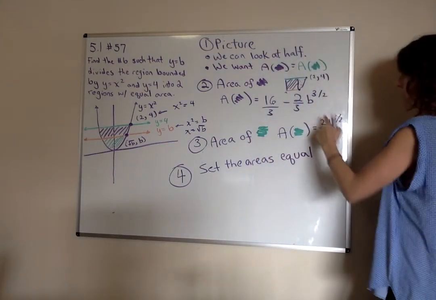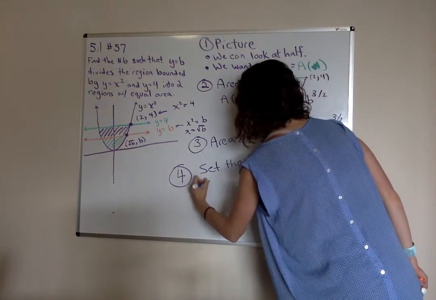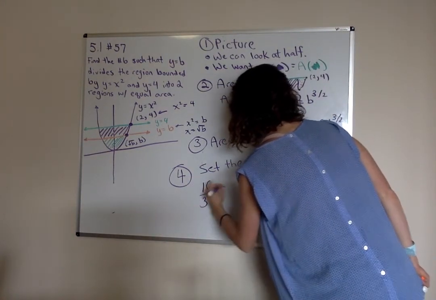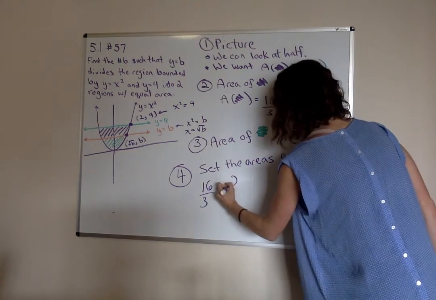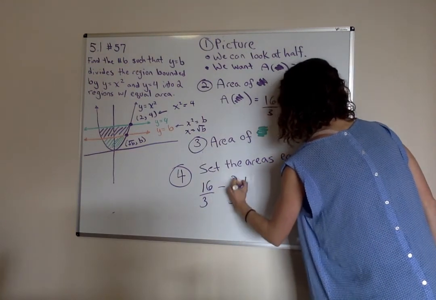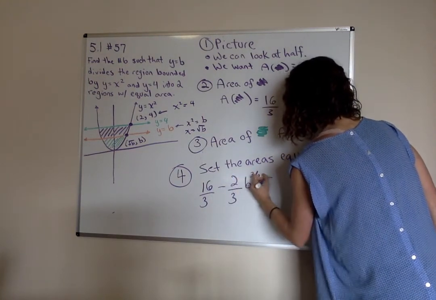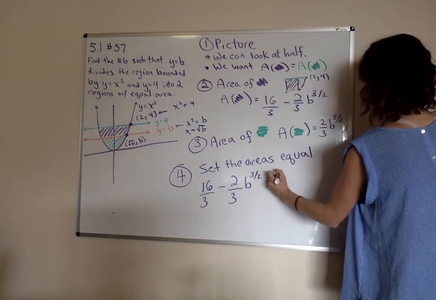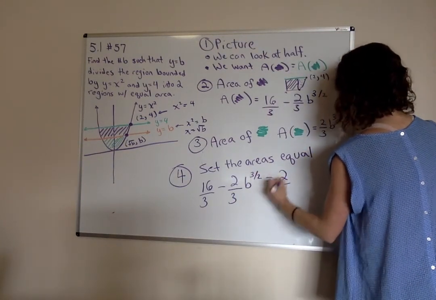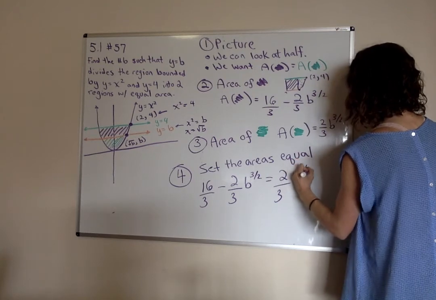This gives me 16/3 minus 2/3 b to the 3/2 equals 2/3 b to the 3/2.